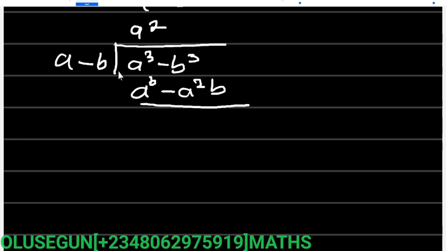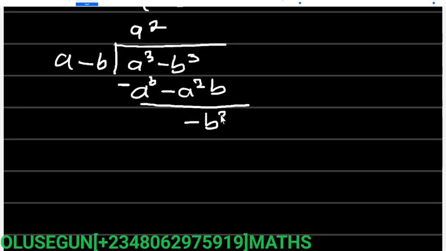So what you are going to do here is you will subtract equation 2 from equation 1. So by the time you subtract this from this, it will turn to 0. By the time you subtract this, it will be minus b raised to power 3. Let me write it out.